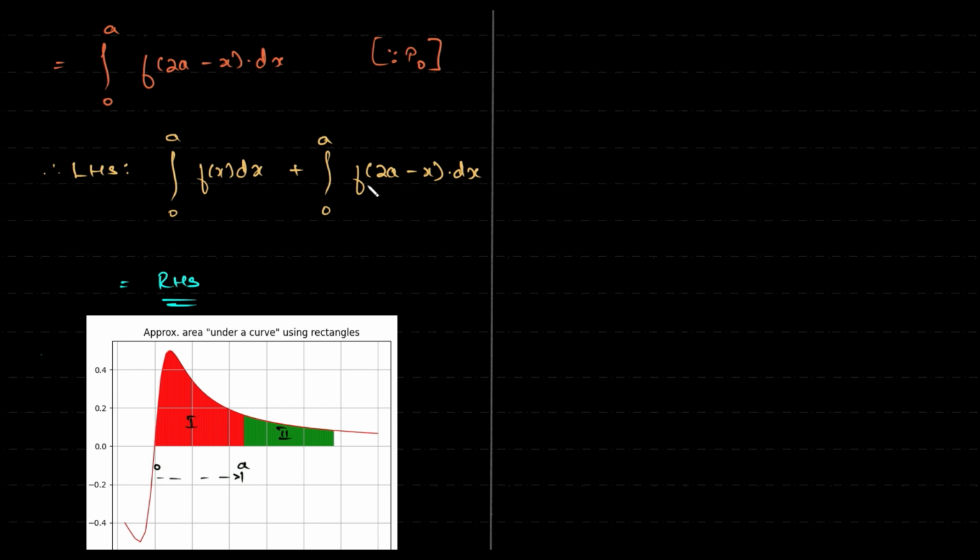Now, the second part, f of 2a minus x. If I substitute 0 over here, what will you get? f of 2a, at this point. And as and when I substitute, obviously this expression keeps reducing.